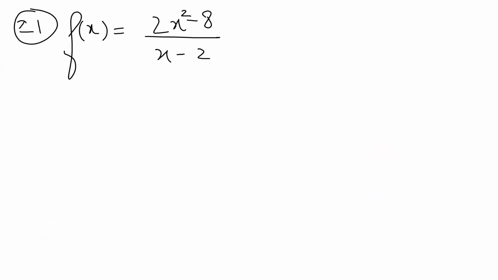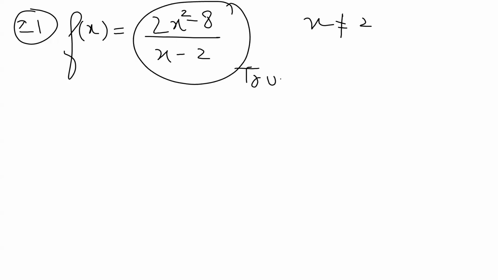I'll explain to you the meaning of this. f of x is equal to (2x square minus 8) upon (x minus 2). Now this function is not defined at x is equal to 2. So when x is equal to 2, this will be not defined, because 2 minus 2 will be 0 in the denominator. So x should not be equal to 2 over here. This is true only and only if x is not equal to 2.